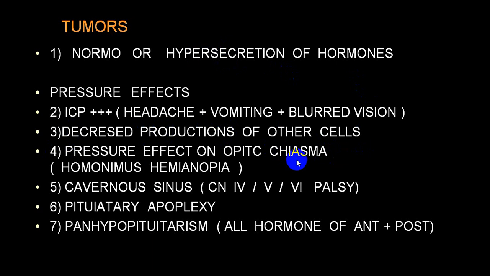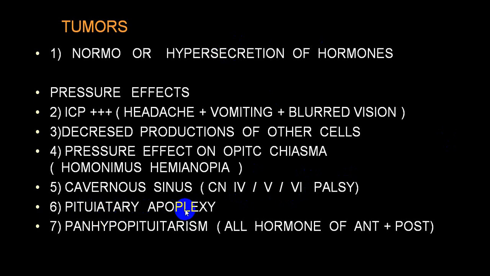Pressure effect on the optic chiasma, either homonymous hemianopia or bitemporal hemianopia. Cavernous sinus, it will compress the third cranial nerve, fourth cranial nerve and sixth cranial nerve. Pituitary gland can be completely destroyed because of pressure effects.